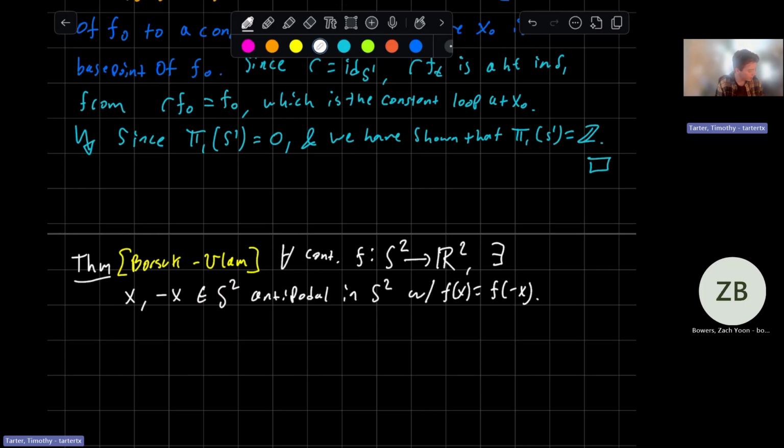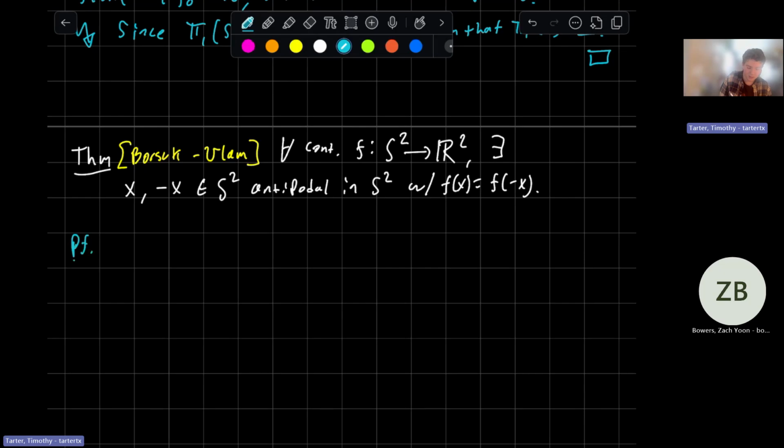For n equals 2, the theorem is certainly less obvious. It's apparent, for example, that at every instant there must be a pair of antipodal points on the surface of the Earth having the same temperature and same barometric pressure. The theorem says in particular that there is no one-to-one continuous map from S2 to R2, so S2 is not homeomorphic to a subspace of R2, an intuitively obvious fact that is not easy to prove directly.